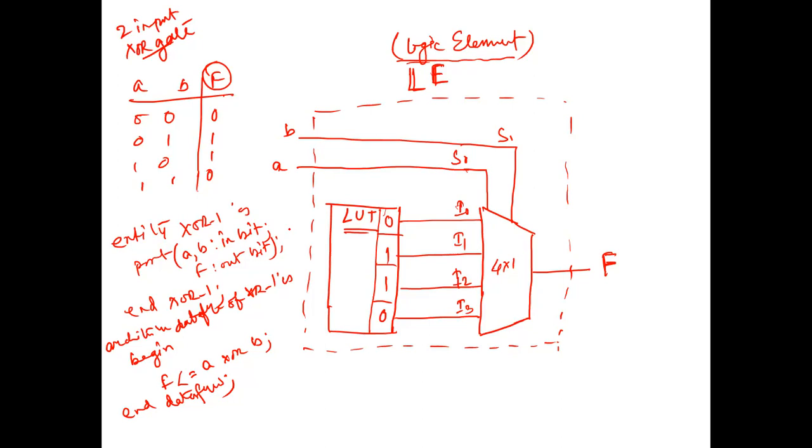Some lookup tables have size 4, some 8, some 16, maybe 32, maybe 64, isn't it? So when you download the logic, they automatically understand.